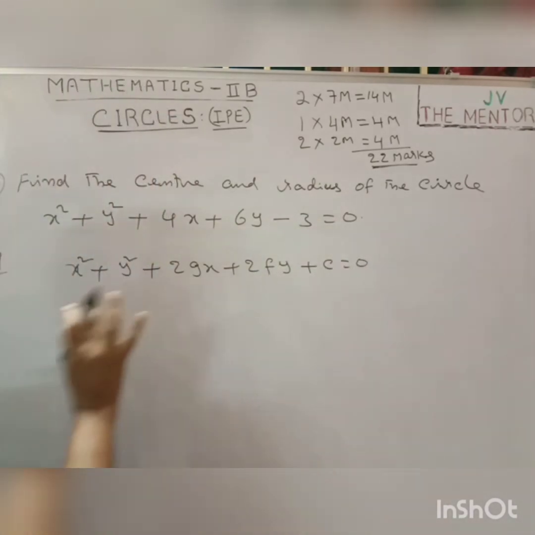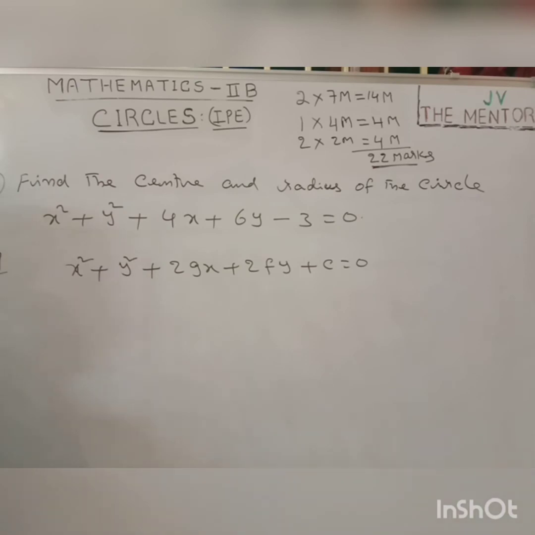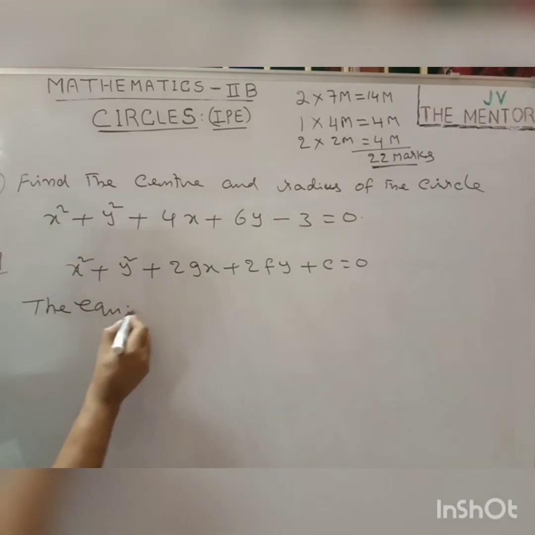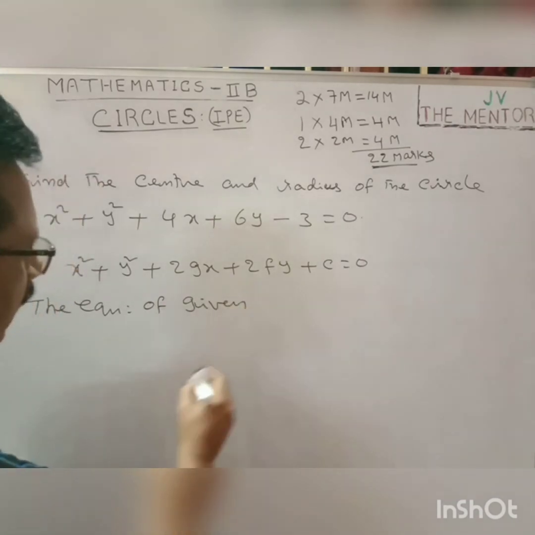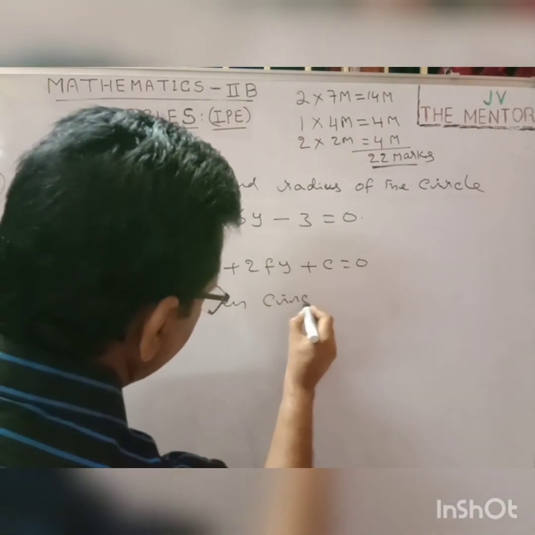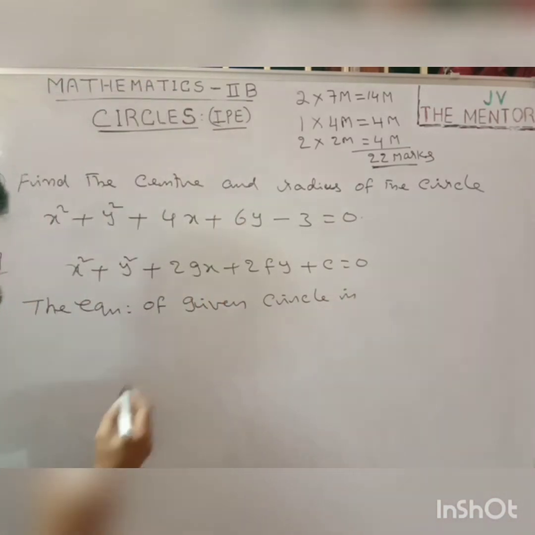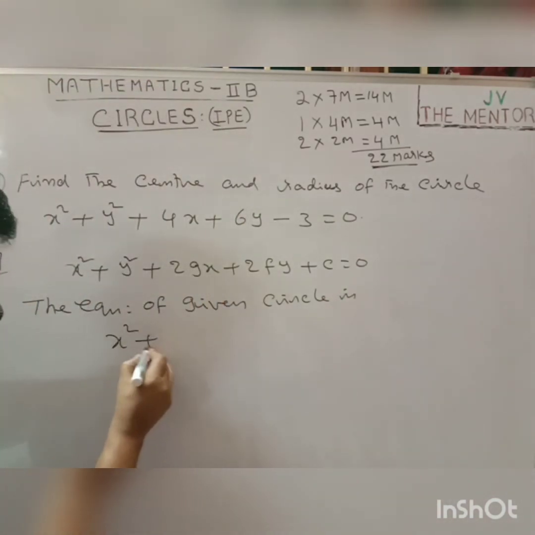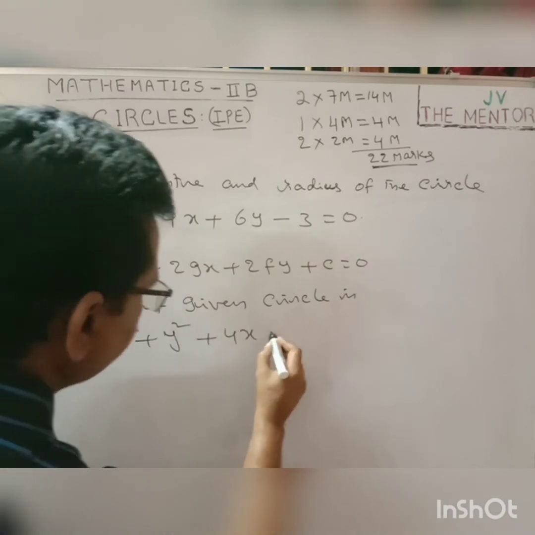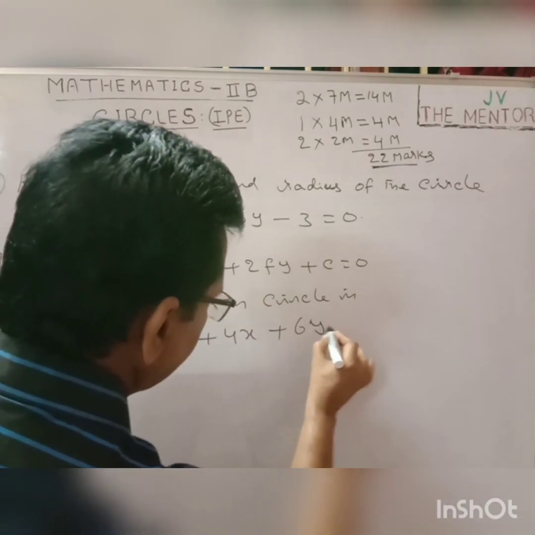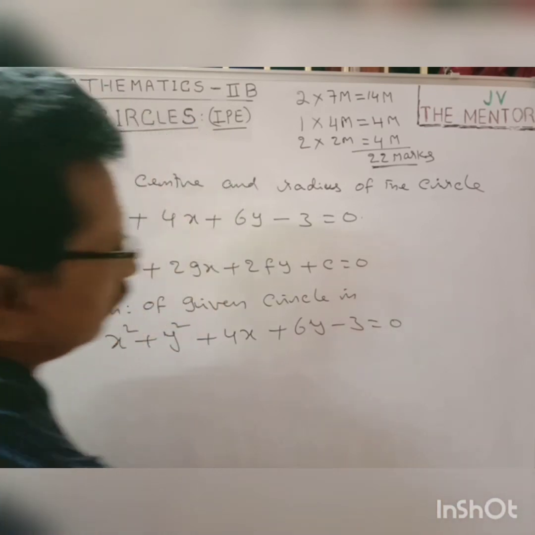The equation of the given circle is x square plus y square plus 4x plus 6y minus 3 equal to 0.